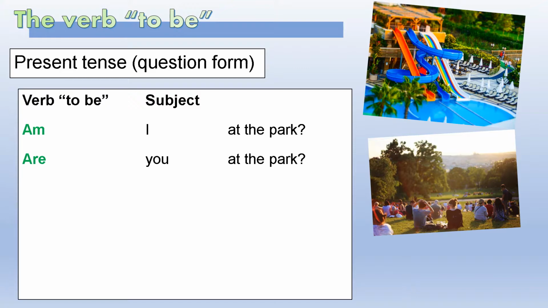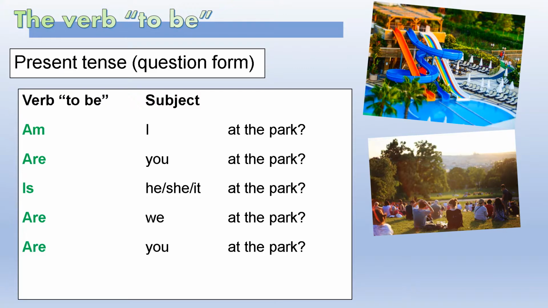Are you at the park? Is he at the park? Is she at the park? Is it at the park? Are we at the park? Are you at the park? Are they at the park?